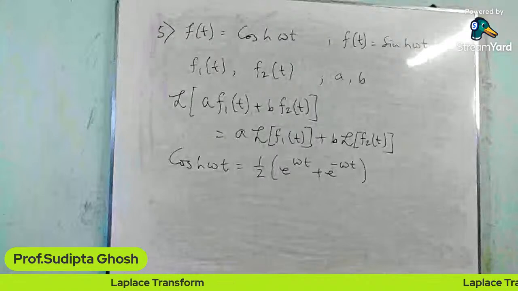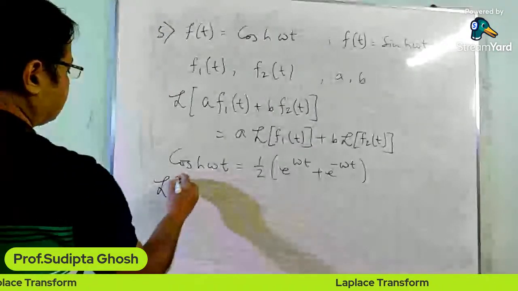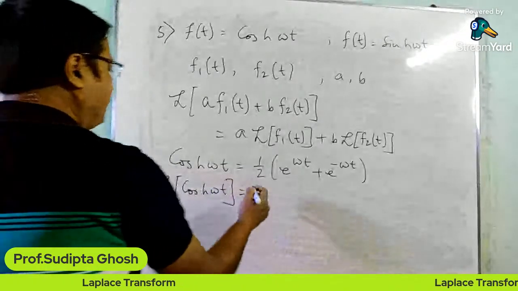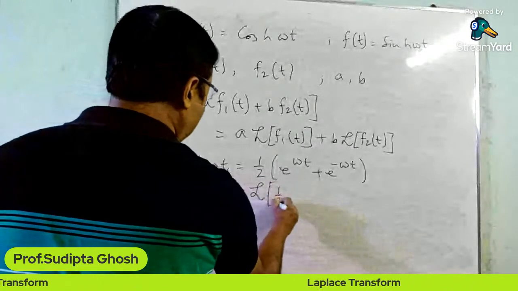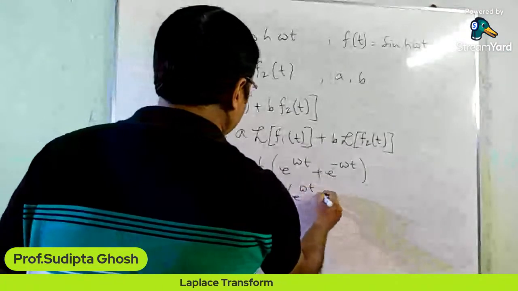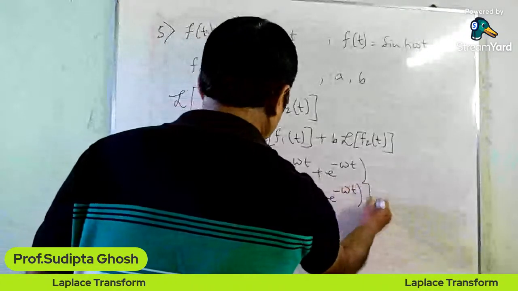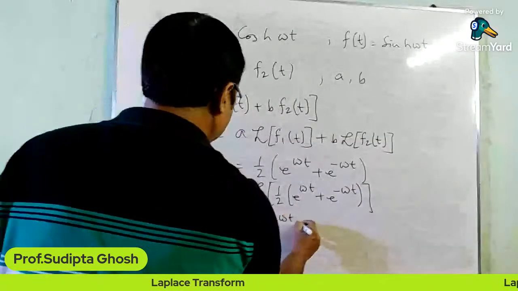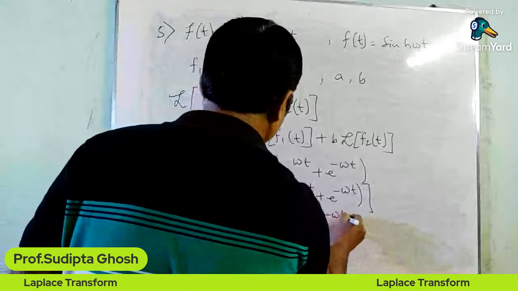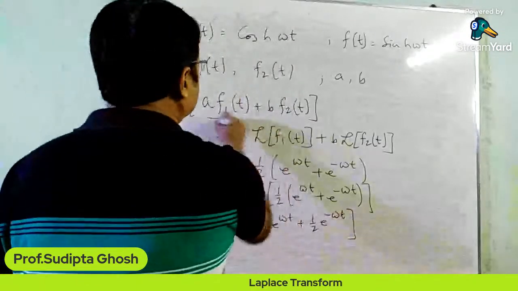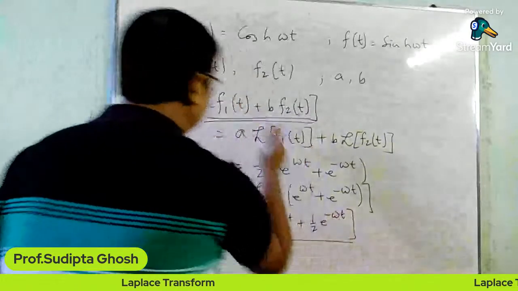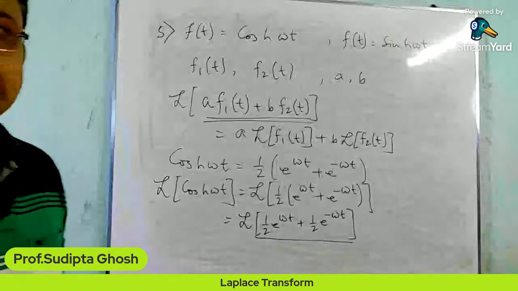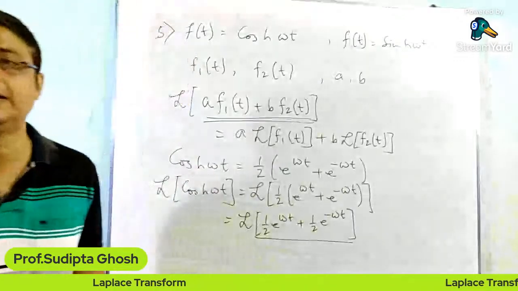Now to find the Laplace transform of cos hyperbolic omega t, we can write it as the Laplace transform of half e to the power omega t plus e to the power minus omega t, right? So it can be written as the Laplace transform of half e to the power omega t plus half e to the power minus omega t, and that you can compare with the form Laplace transform of a into f1t plus b into f2t.